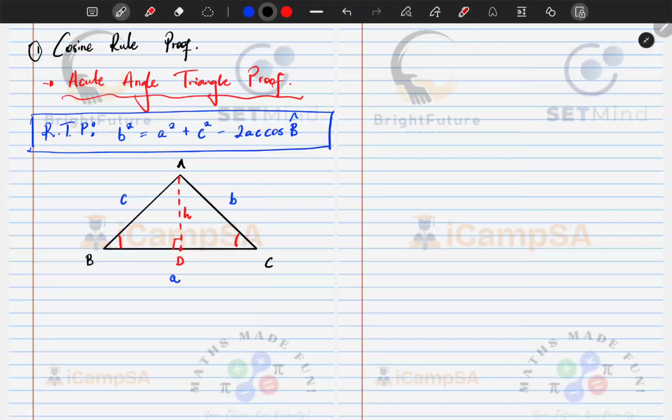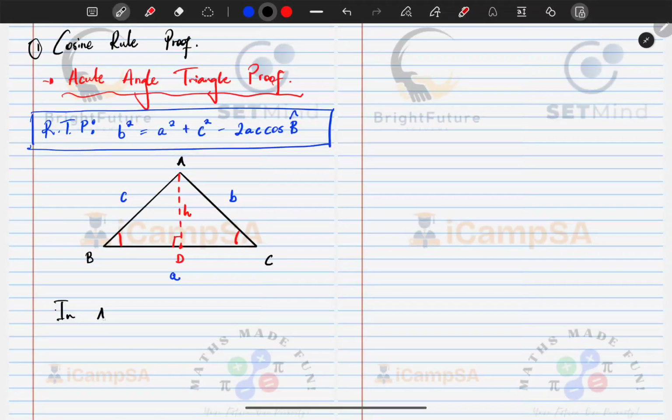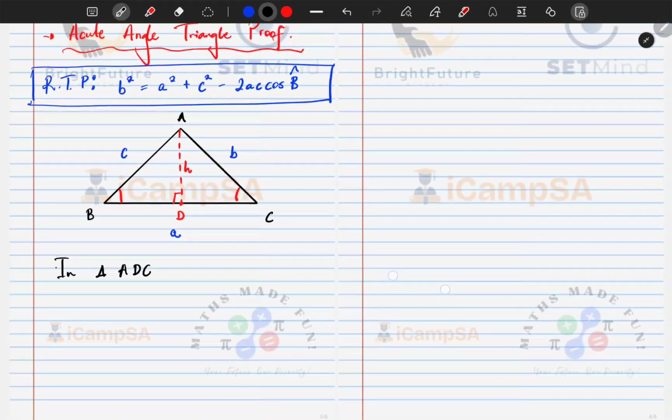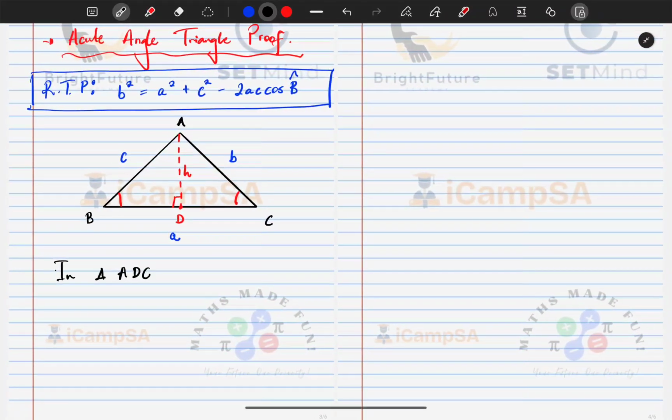Now we are going to say, in triangle ADC, we apply our Pythagoras theorem. Pythagoras theorem says your hypotenuse squared is equal to the sum of the squares of the two other sides.